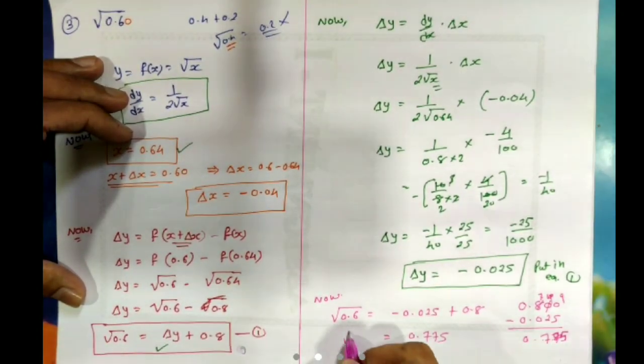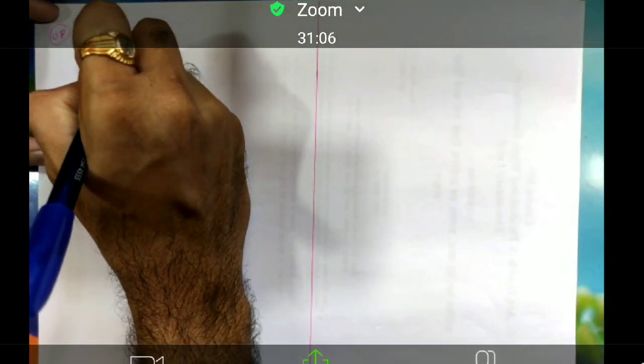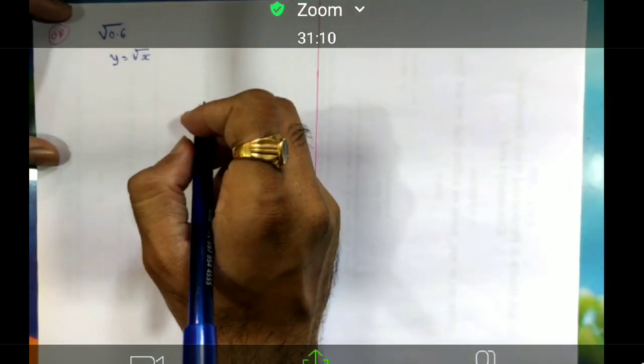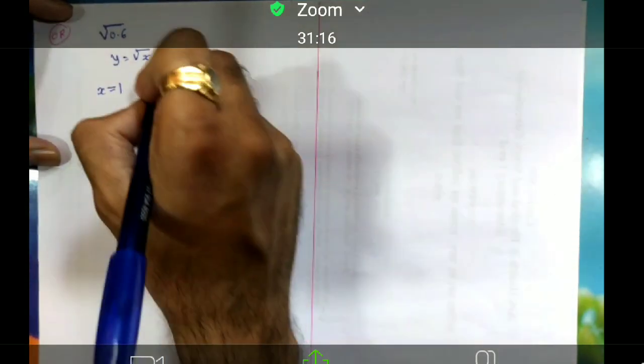0.775. Okay. So now the same sum can be done by taking perfect x as 1, according to Harshita. So we are given square root of 0.6. So this function is y equal to root x. So our perfect x is suppose x equal to 1.